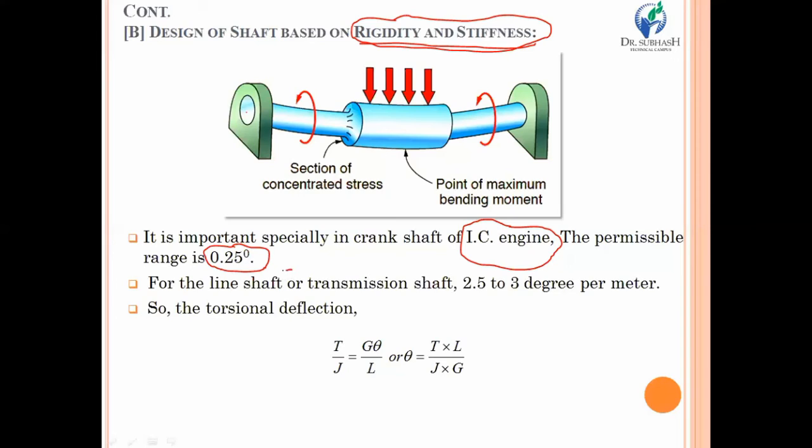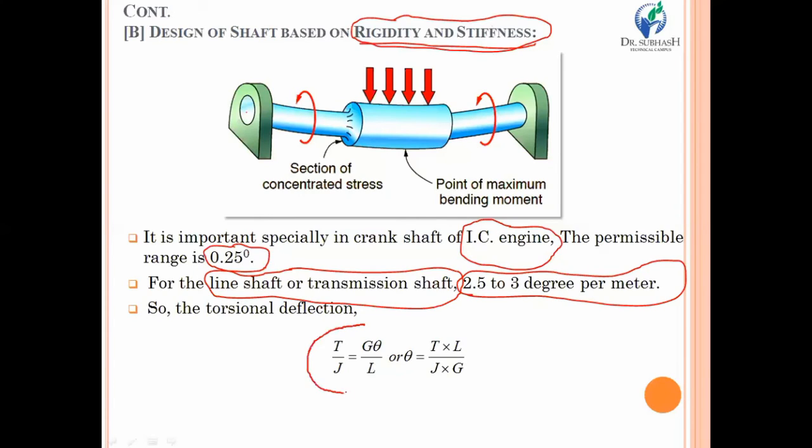Suppose you take the example of a line shaft or transmission shaft being used in factories and machine shops. There is also a specific limit, and that limit is 2.5 to 3 degree per meter. This limit should not be crossed by the transmission shaft in terms of deflection. So based on rigidity and stiffness, any shaft you design should satisfy that.